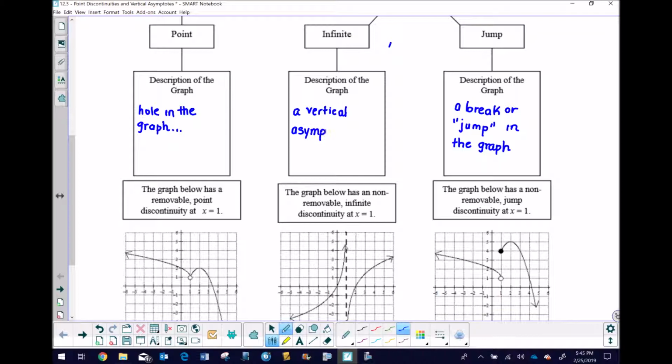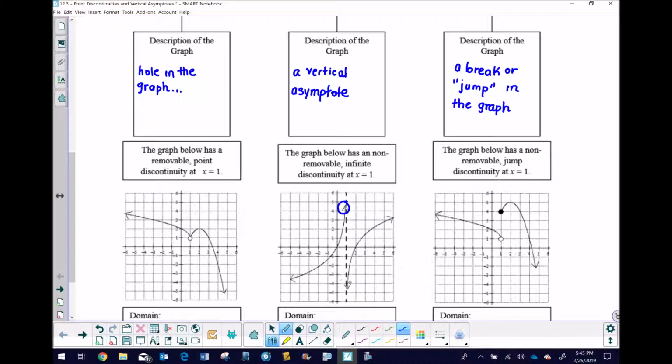The idea of the infinite plays a part in that these pieces of the graph that I've circled will head towards positive infinity or negative infinity, getting closer and closer to that vertical line x equals 1, yet never touch it. This is going to be a very important idea as you move into AP Calculus in the future.